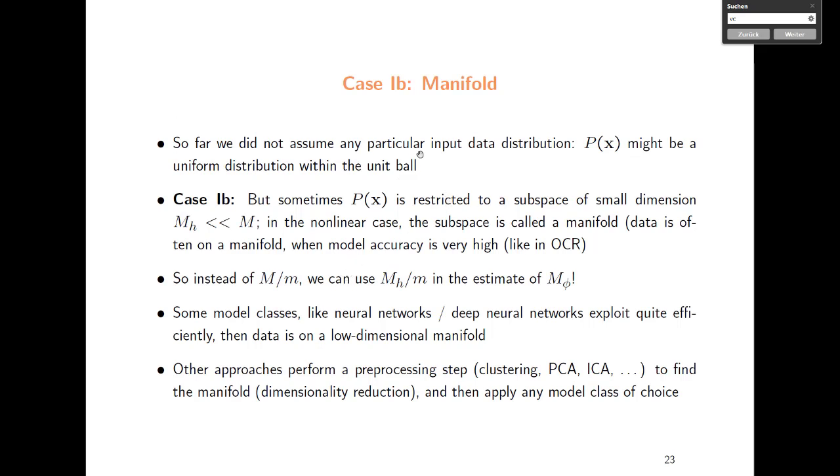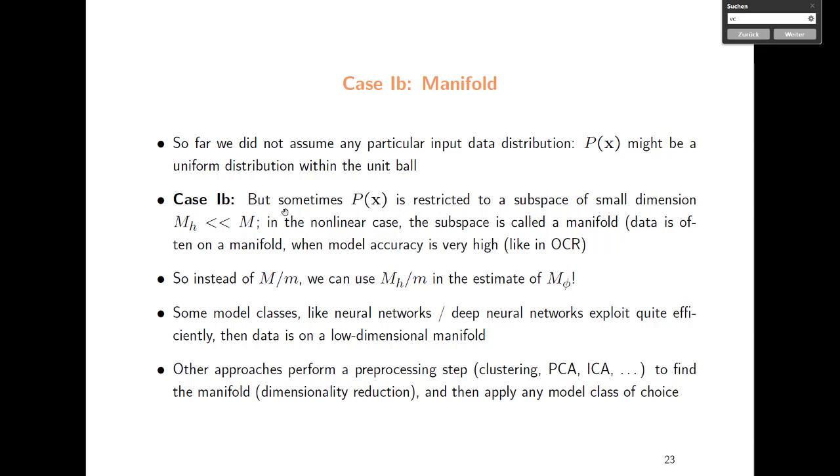So far we didn't assume any particular input data distribution. P of x might be uniformly distributed within the unit ball. But in case 1b, P of x is restricted to a subspace of a small dimension, much smaller than m. So although the data, if you look at every input separately, is in this high dimensional space, maybe it only occupies a very small part of that space.